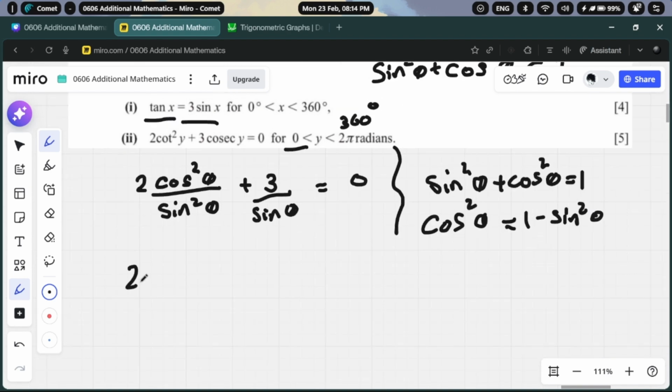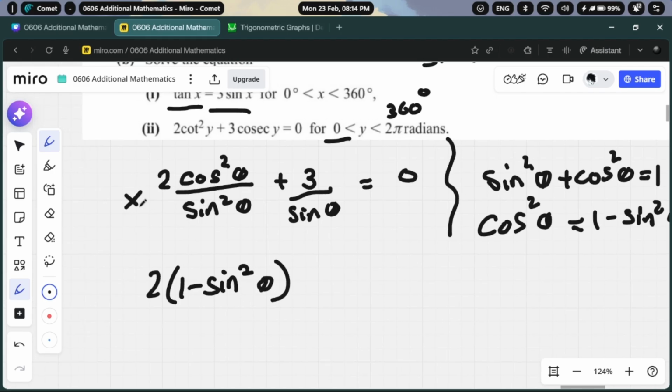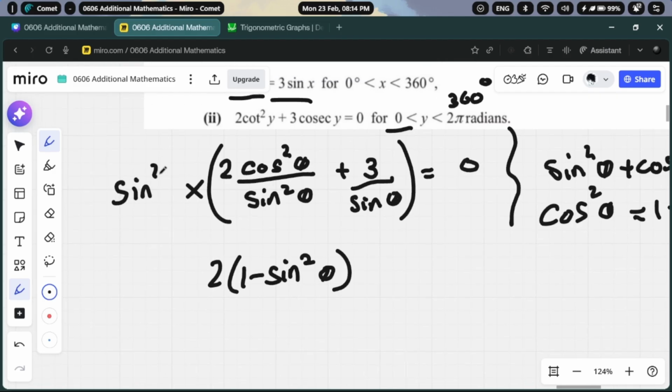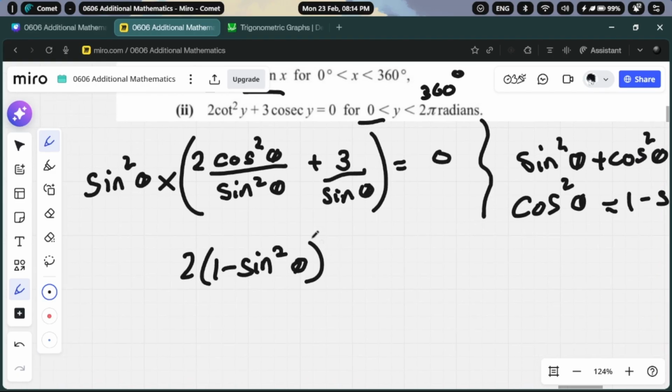So you end up getting 2 times 1 minus sine square theta, and then let's multiply all the terms by sine square theta, so that the denominator becomes 0. So when you multiply these two, it just becomes 1, because this and this cancels out. But if you're multiplying this with 3 over sine theta, you get plus 3 sine theta.